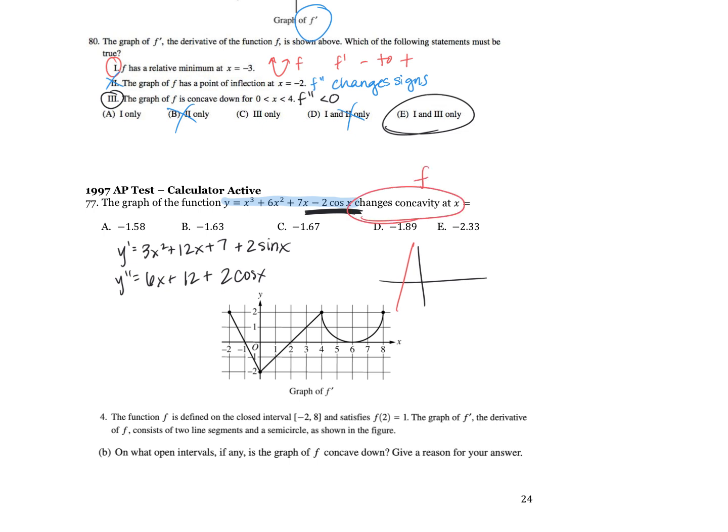Concavity changes when my second derivative changes signs. Does this graph change signs? Yeah, at the 0. Let's go find what that 0 is. Second trace is 0. A little to the left, a little to the right. Do we get negative 1.89?